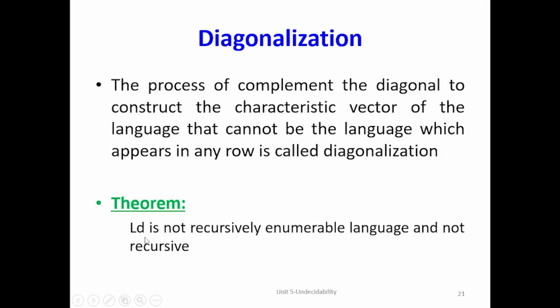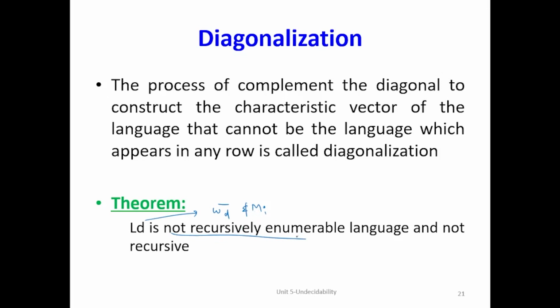LD comes under the not recursively enumerable languages. Why do we say that? It contains a set of complements of diagonal values, but those are not accepted by any machine. If no string is accepted by a machine, then that problem is an undecidable problem.